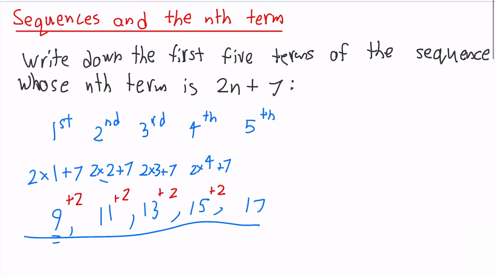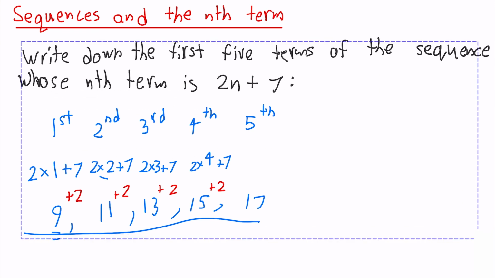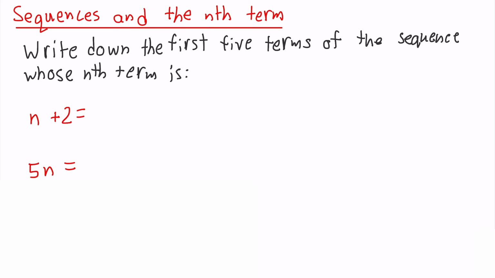Okay, let me give you the last question. Write down the first 5 terms of the sequence whose nth term is 2 plus n, 5n, and 10n minus 1.